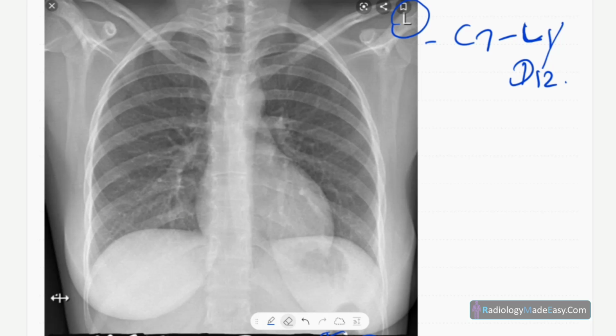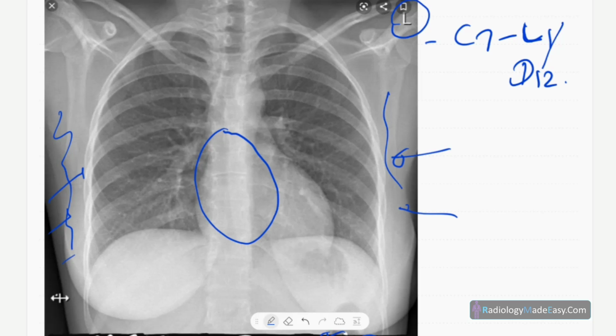Next thing is radiation exposure. You have to see the peripheral soft tissues, whether it's overexposed or underexposed. If it is underexposed, this will be whiter. If it is overexposed, this will be darker. The technical method of seeing the exposure of radiation is the posterior lower thoracic vertebrae under the cardiac shadow.